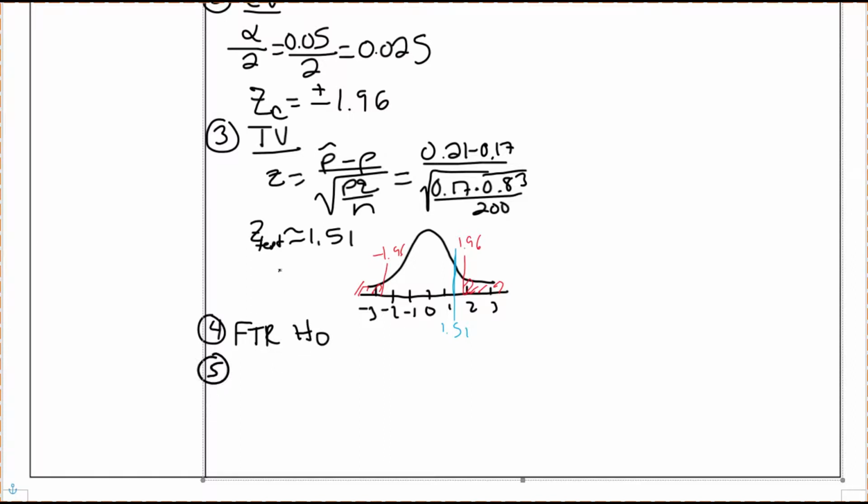So now step 5, we're going to summarize our results. So this means we do not have enough evidence.